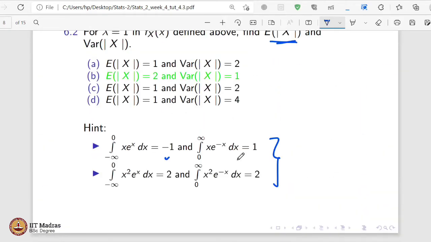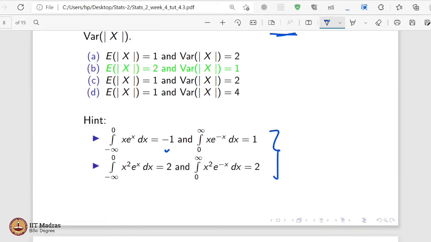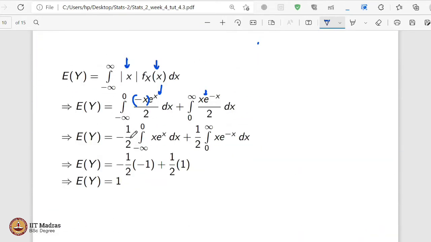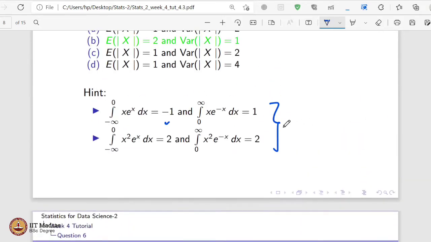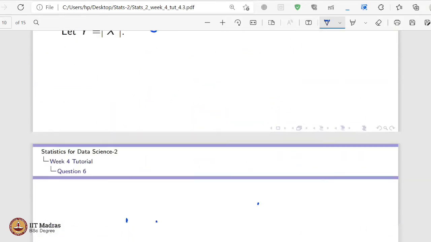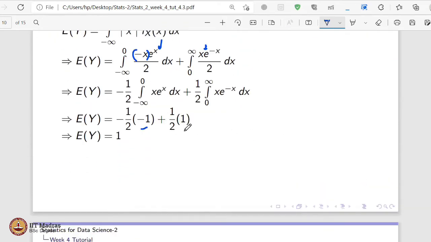We have got the value as -1, so we write -1 here. So -1 upon 2 into -1 gives 1 upon 2. Similarly for 1 upon 2 times the integral from 0 to infinity of x e to the power x, we already have the value as 1, so we write 1 directly. So 1 upon 2 plus 1 upon 2 is equal to 1.